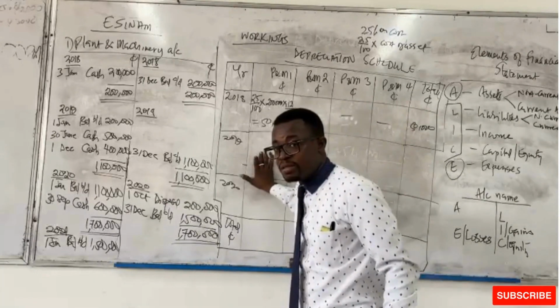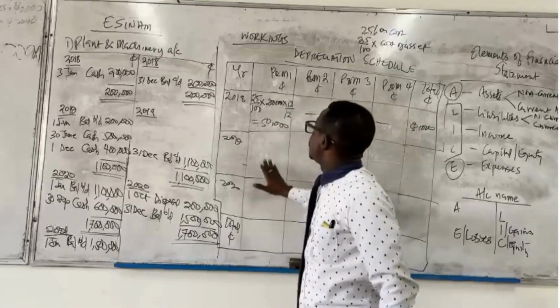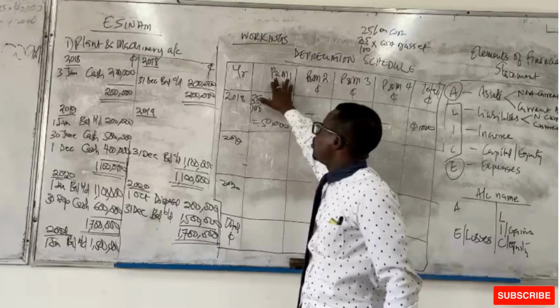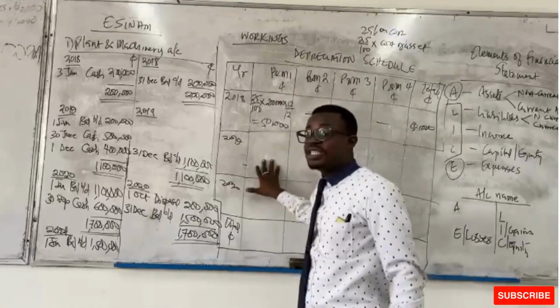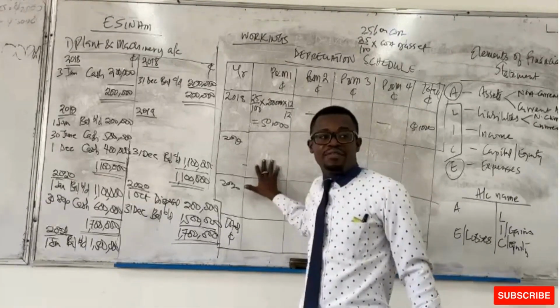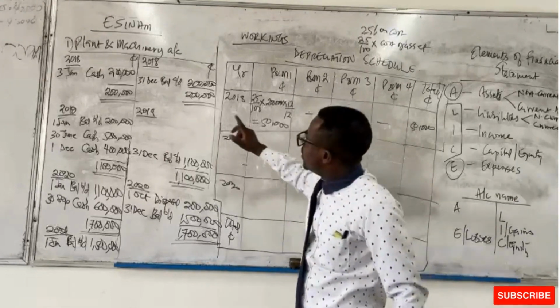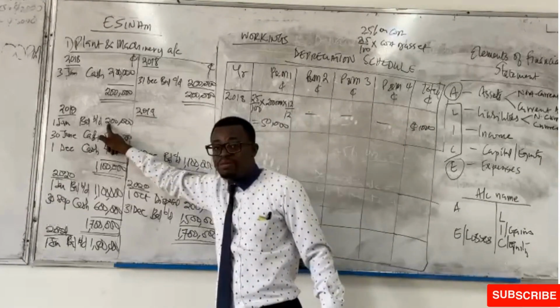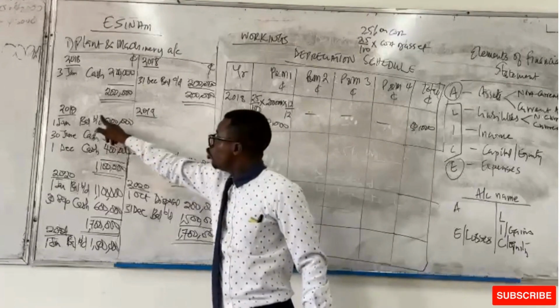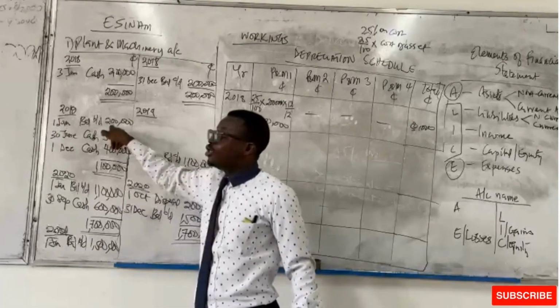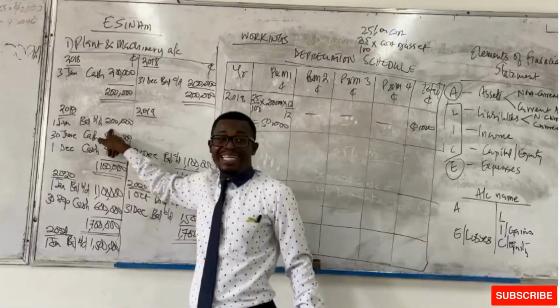Pay attention. 2019. In 2019, was P&M 1, the plant and machinery one, the first one, used in 2019? Yes. What is the evidence? The evidence is, you look at the balance brought down, the same figure, 200,000, in 2019. Meaning in 2019, they started using the plant and machinery one again.